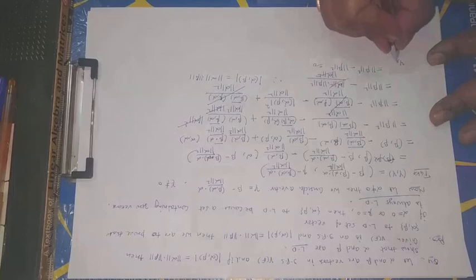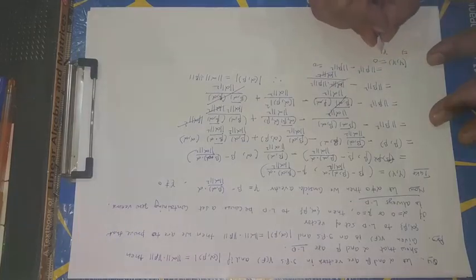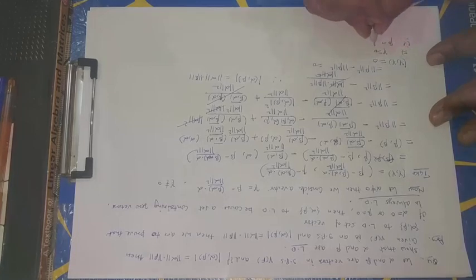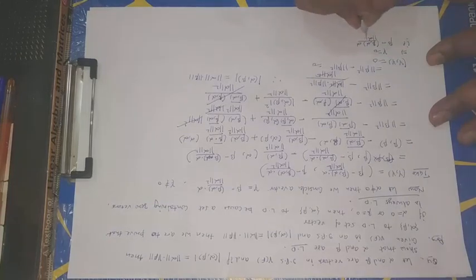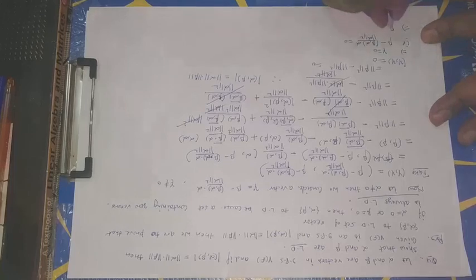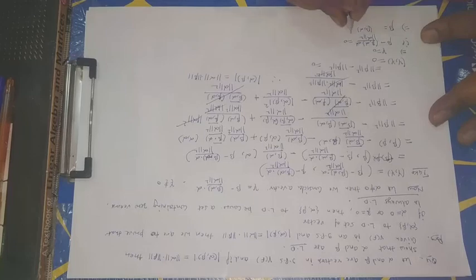Now gamma inner product with gamma is 0, which implies that gamma is equal to 0, that is beta minus beta inner product with alpha upon alpha norm square into alpha is equal to 0, which implies that beta is equal to beta inner product with alpha upon alpha norm square into alpha.